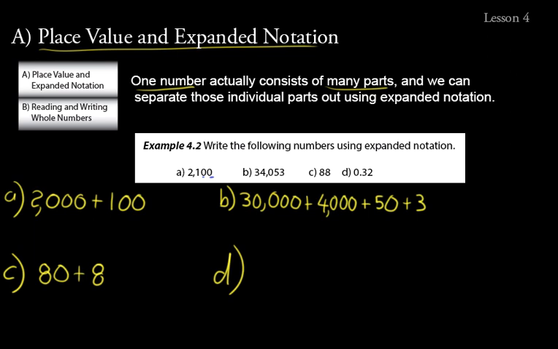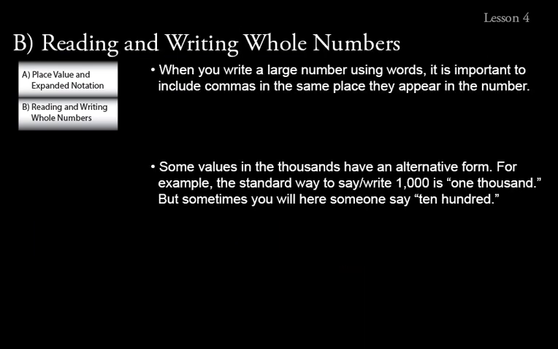The 3 is in the tenths place, so its value is 0.3. And we already did this with the 2, right? For this, we want to know what its value was. Well, it's in the hundredths place. And so that's not going to change from example 4.1. It's still going to have a value of 0.02.